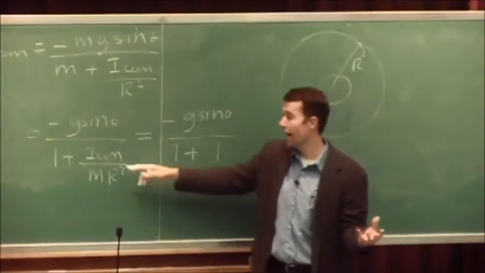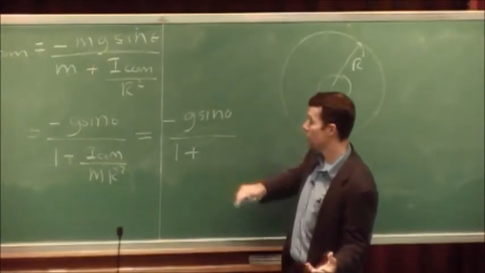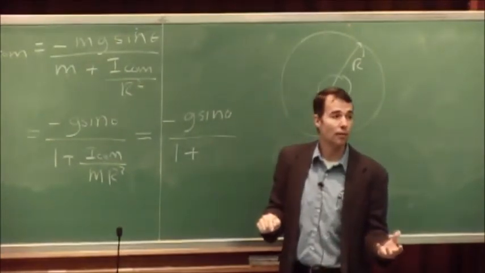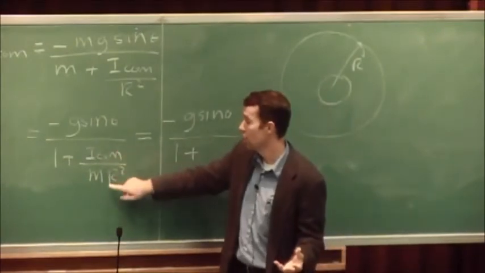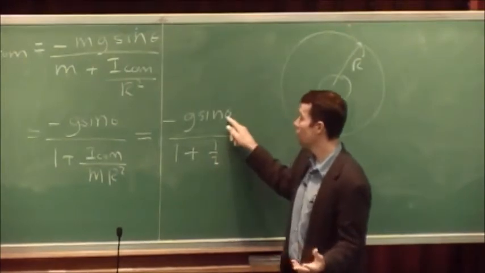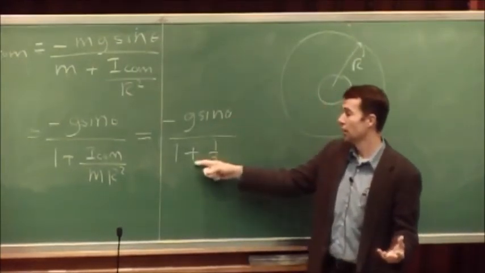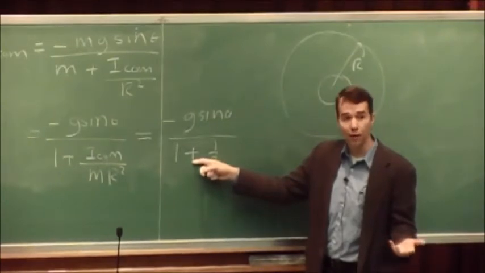Now what if I have a solid disk? If I have a solid disk, then what does this become? 1/2, because then it's M R squared over 2 divided by M R squared, and so I just get the 1/2. And so then, instead of being divided by 2, it's divided by 3/2. So that one will roll faster.